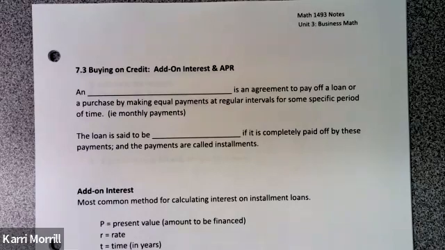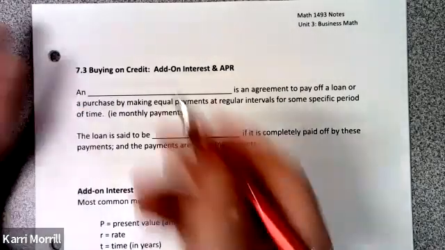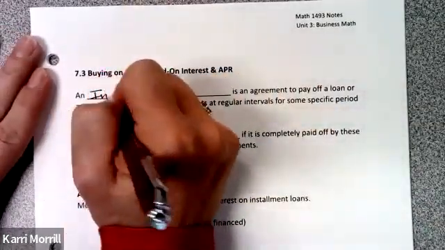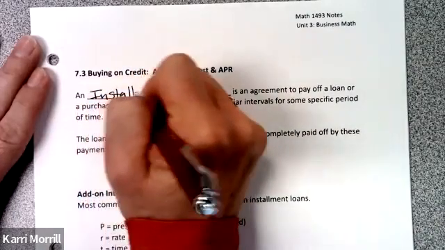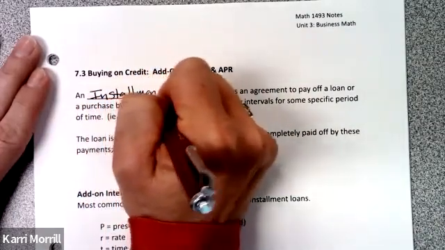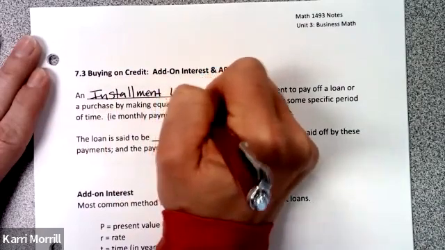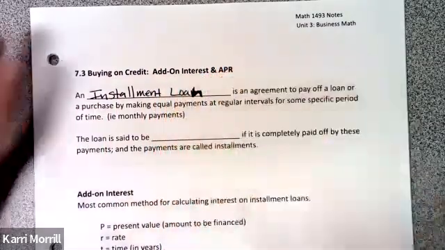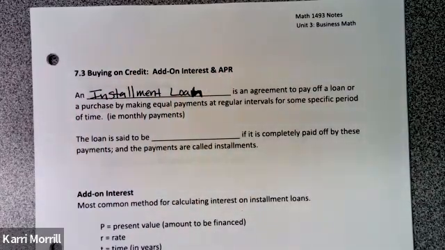You can figure out how much you would pay in the end by knowing the payment amount. So this is called just an installment loan, or you could just say loan, but the technical terminology is installment loan. You don't really have to memorize vocab words or anything. Just be familiar. That's just a loan.